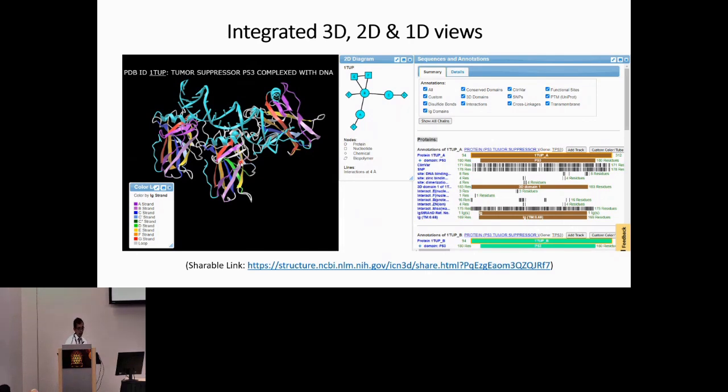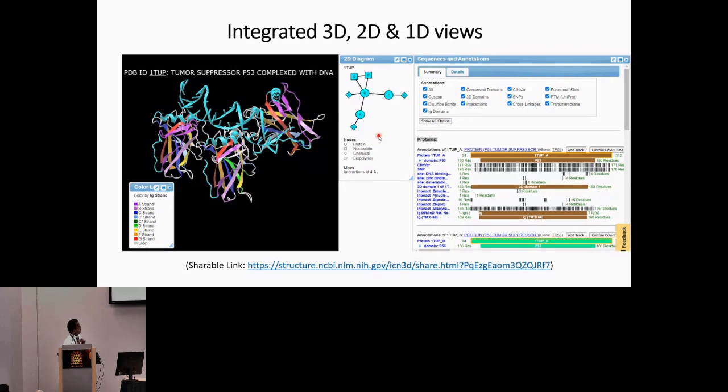There are three Ig domains, and it's colored by Ig domain with different colors for different strands. The 2D diagram shows that a square is a nucleotide, a circle is a protein, and a diamond is a chemical. The lines between the nodes show the interactions. You can click on that to show synchronized views in 3D, 2D, and 1D.